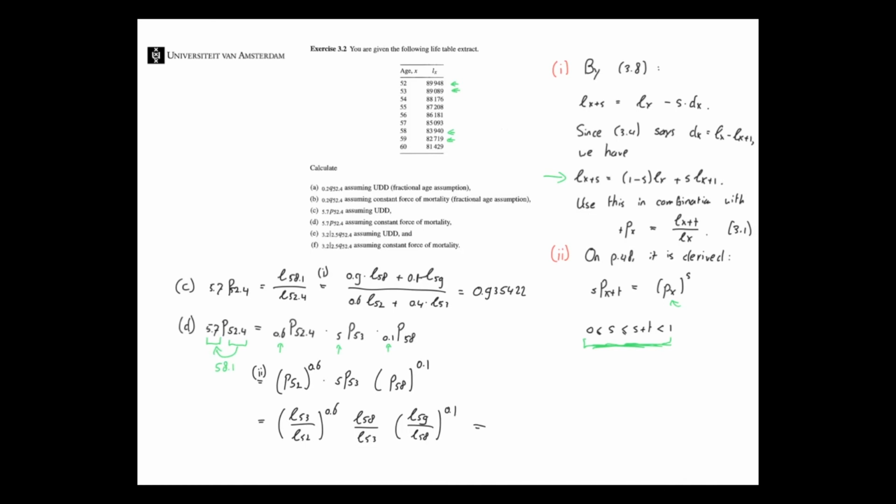So again, if you plug in the numbers from the life table, you will get the exact same survival probability. So the crucial part here is to rewrite this survival probability as a product of multiple survival probabilities. All right, let's go to the last two exercises.